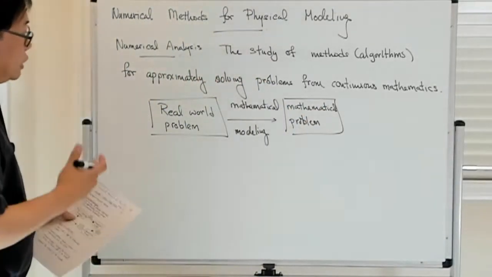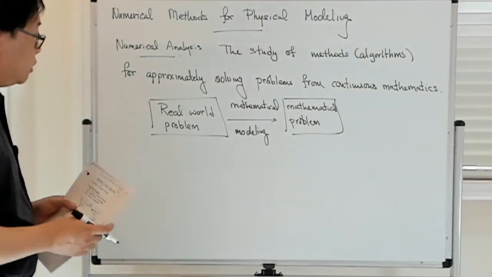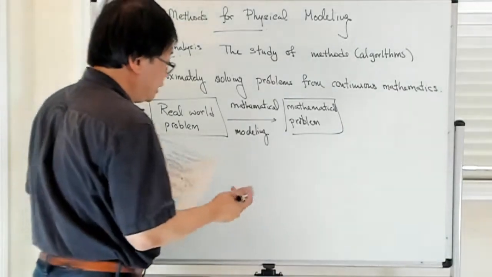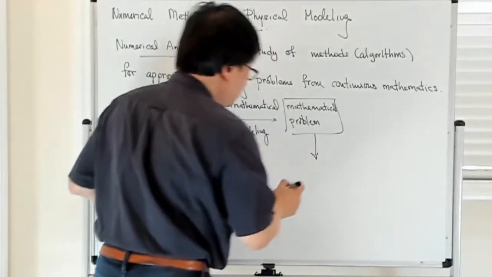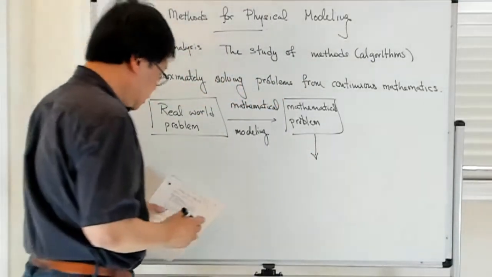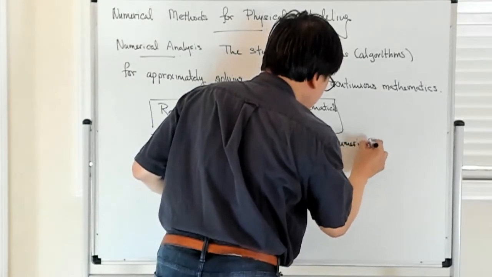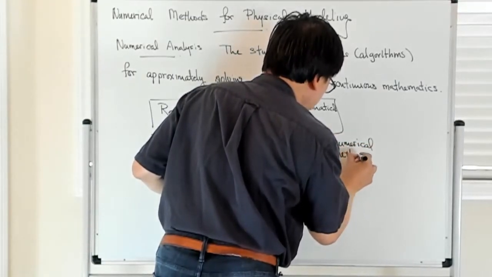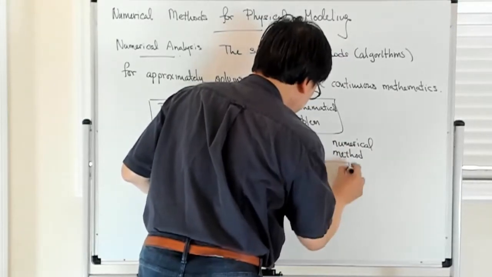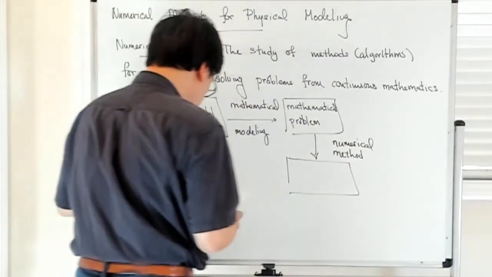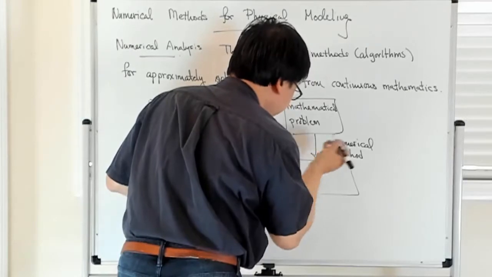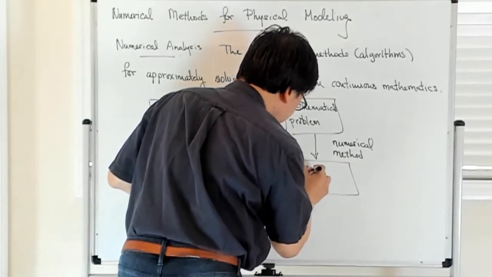And then once you have this mathematical problem, you develop a numerical method in order to approximate the solution of this. Okay, so you have a numerical method. This gives you an approximate problem.